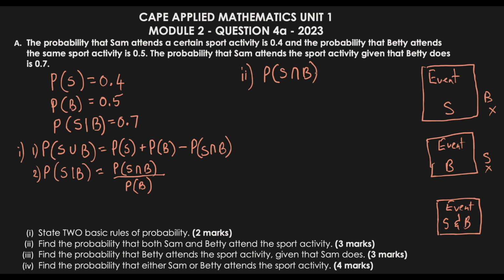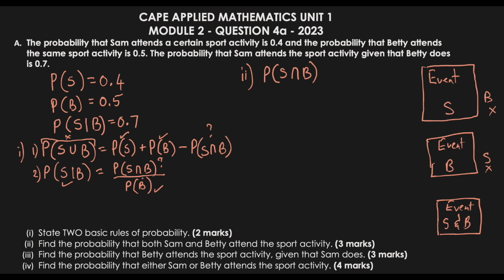The only way we can do that is if we figure out the intersection. The first formula allows us to calculate the intersection if we rearrange it. We have this value and this value, and we are looking for this, but the issue is we do not have this here, so we cannot use this one. For the second one, we were given Sam given Betty was there. So we have this here, we are looking for this, and we were also given this.